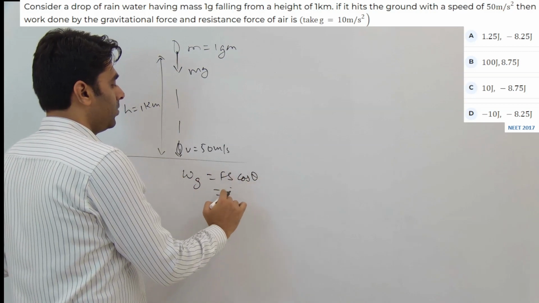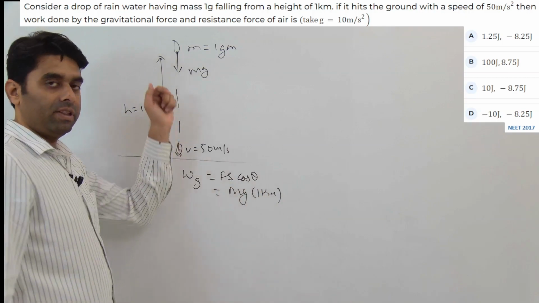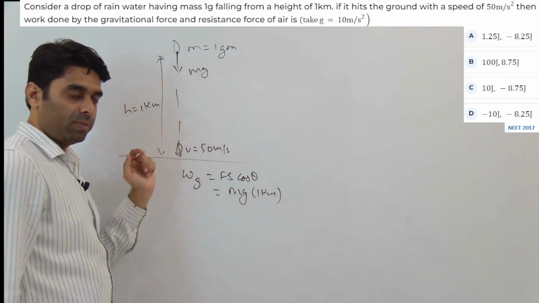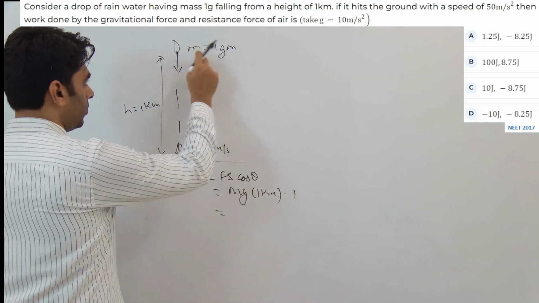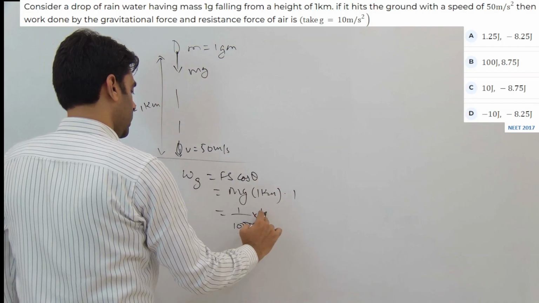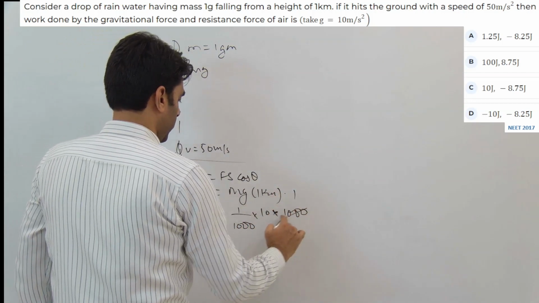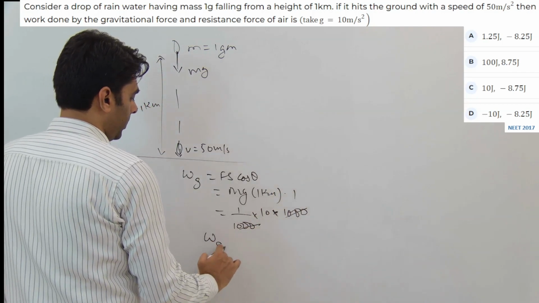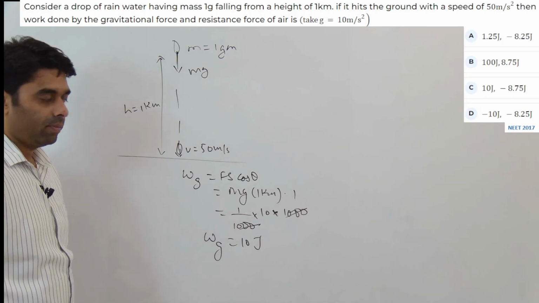Force is m into g, displacement is 1 kilometer, and angle between them is 0, because mg downward, displacement downward, so cos 0 is 1. So if I substitute 1 gram, that is 1 by 1000, into g 10 into 1 kilometer, that will be 1000, cancels out. Work done by gravity comes out to be 10 joule.